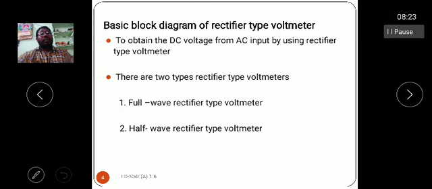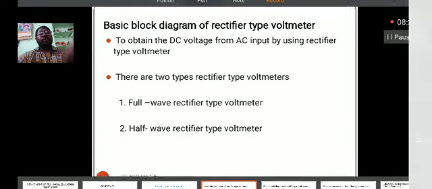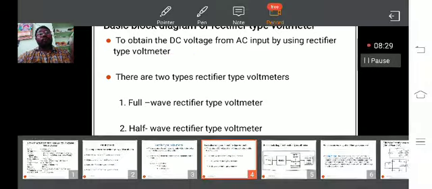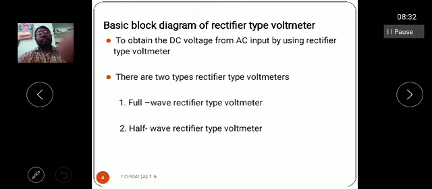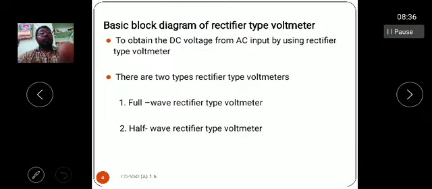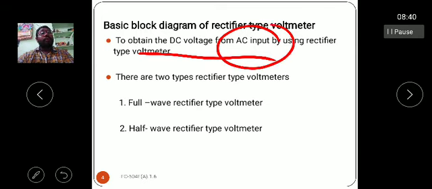In this rectifier type voltmeter, the important point is to obtain the DC voltage from the AC input.